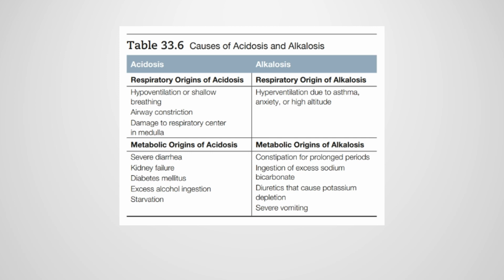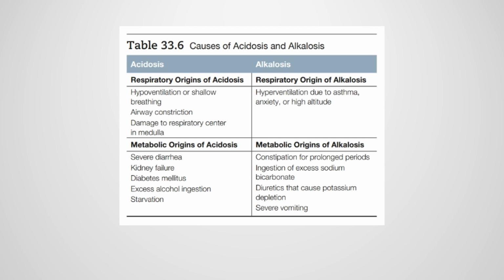Because of that, the CO2 is going to rise in the bloodstream. It's going to combine with water and shift to H plus in the bloodstream, and that is acidosis. So your pH is going to drop, and you have a respiratory acidosis.